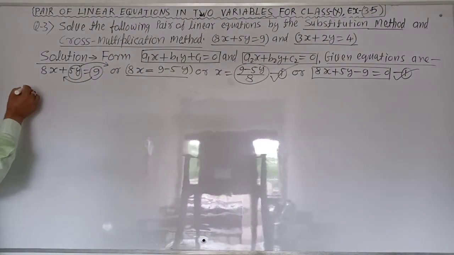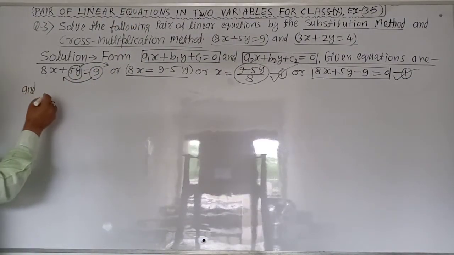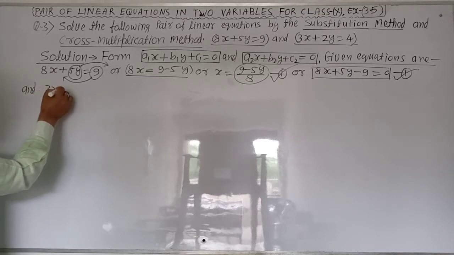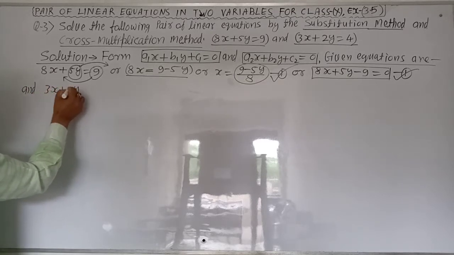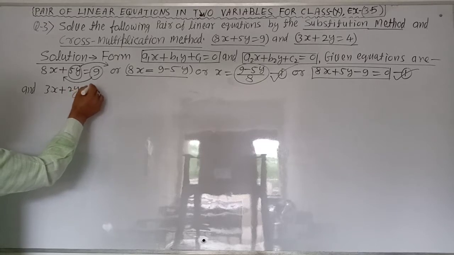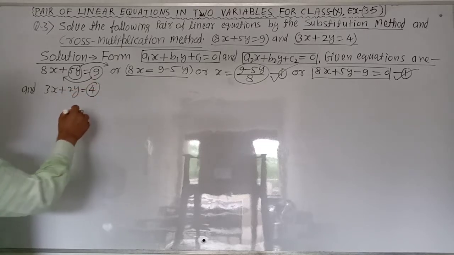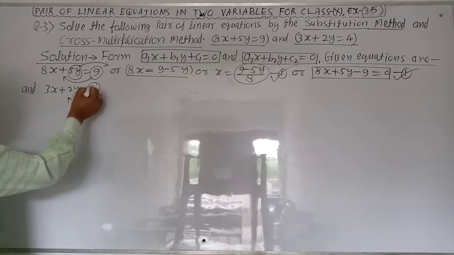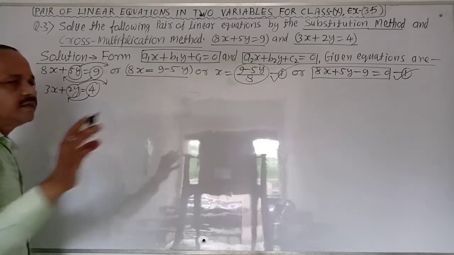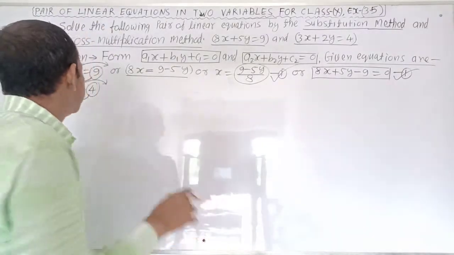And 3x plus 2y equal to 4. Here 4 you can write on the left side and you can write 2y on the right side. Clear?